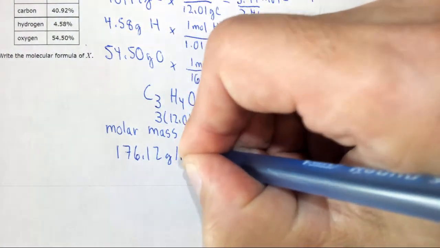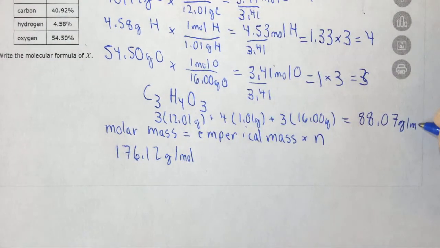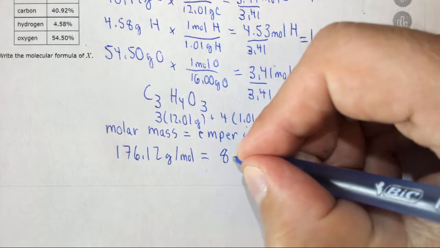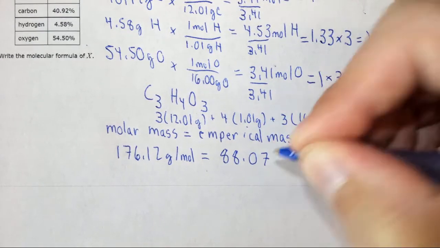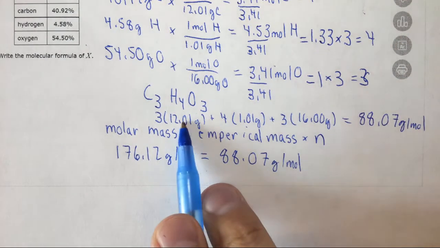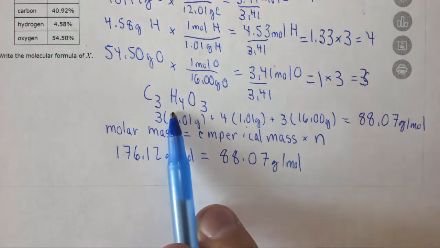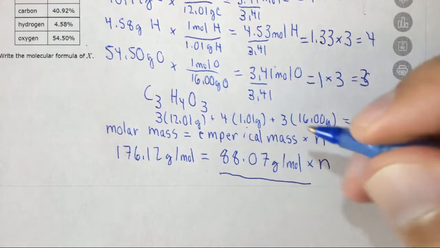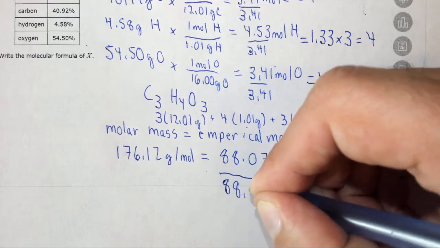And since they use grams per mole, I will go ahead and use grams per mole here, equals 88.07 grams per mole, the empirical formula mass, the mass of the empirical formula that we just found, times n, some integer. So divide both sides by 88.07.